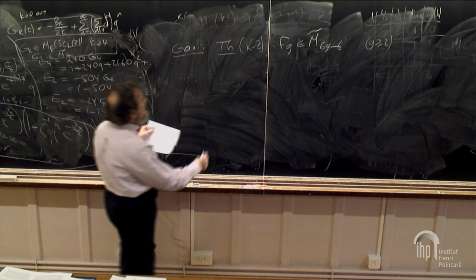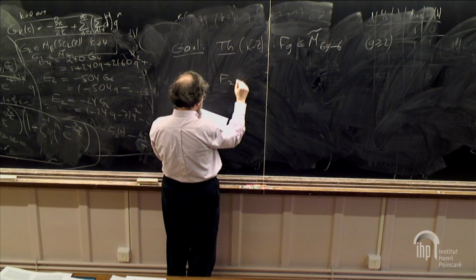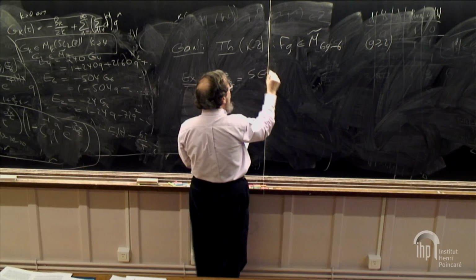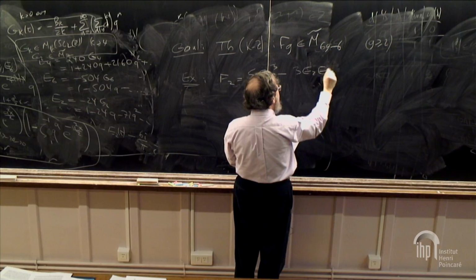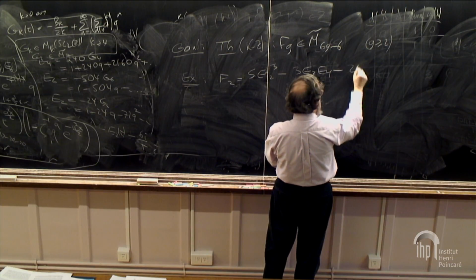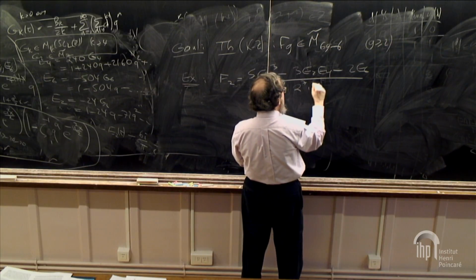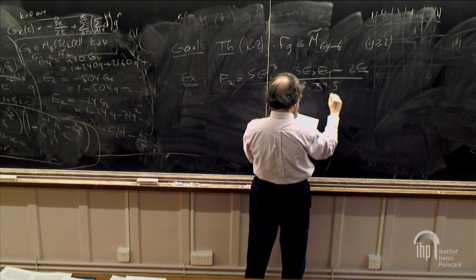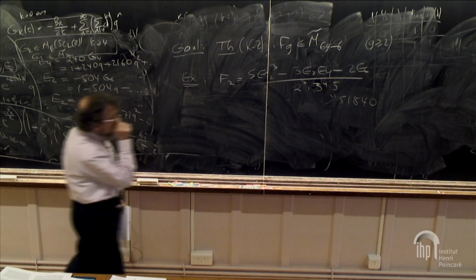Okay, so let's give an example. I'll give two examples. One I think I already gave. F2 is 5 E2 cubed minus 3 E2 E4 minus 2 E6, divided by the number 2 to the 7th times 3 to the 4th times 5, which is 51,840 if you want an integer.